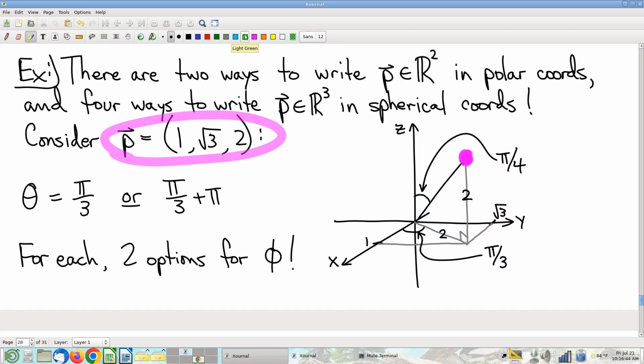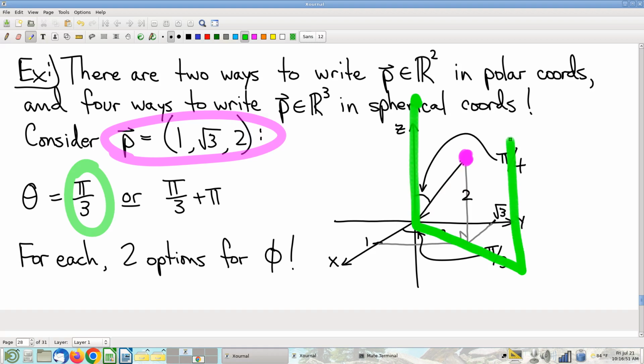Well, theta could be pi over 3. This is the pi over 3 half plane. Now, how could I get to that purple point? Well, I could consider this positive value of phi, which points me in the correct direction. And thus I would have a positive value of rho.